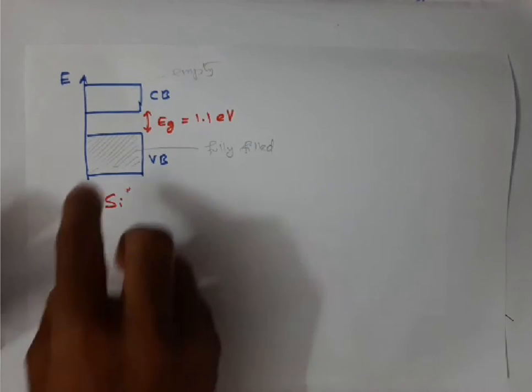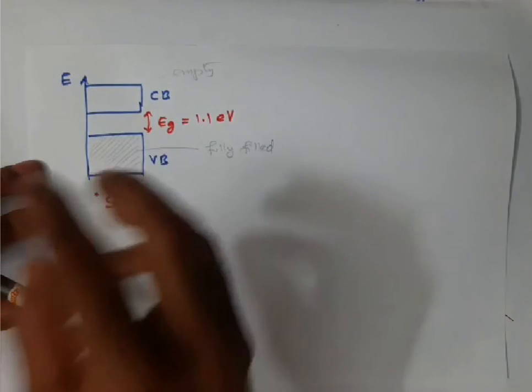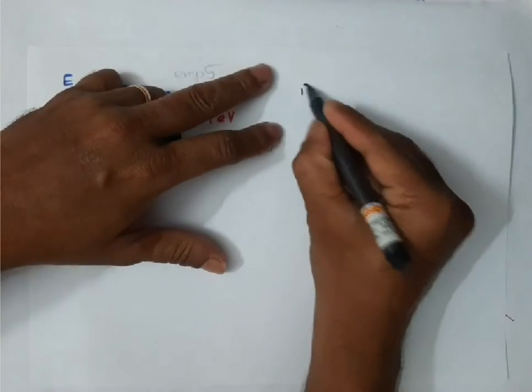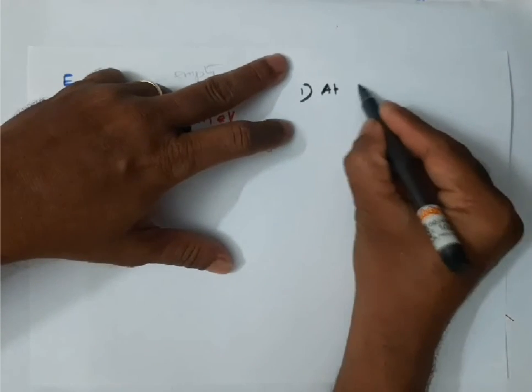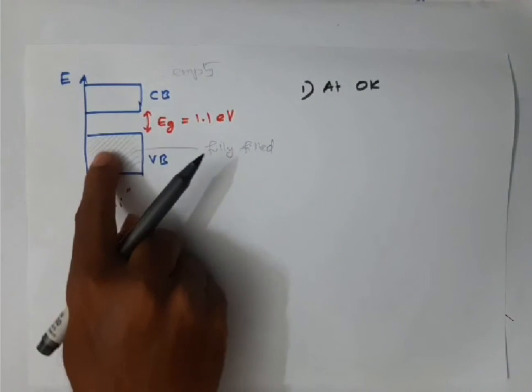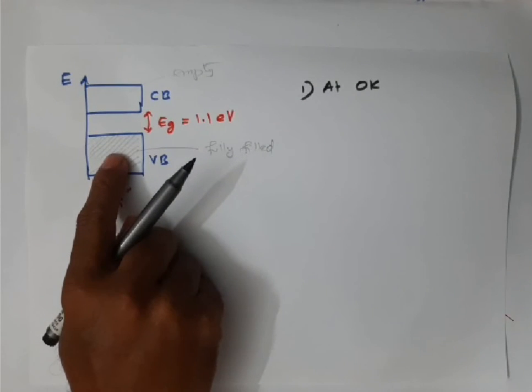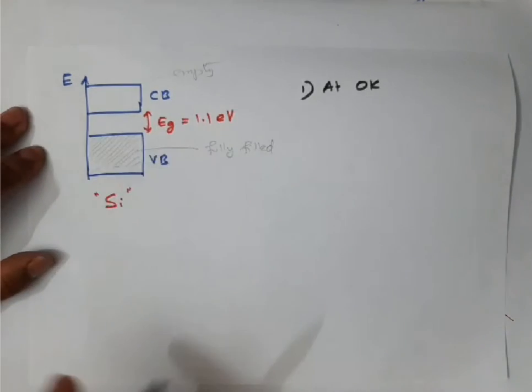Here in the valence band I have a lot of electrons, but the problem is that at 0 Kelvin the electrons in the valence band do not have sufficient energy to jump to the conduction band.